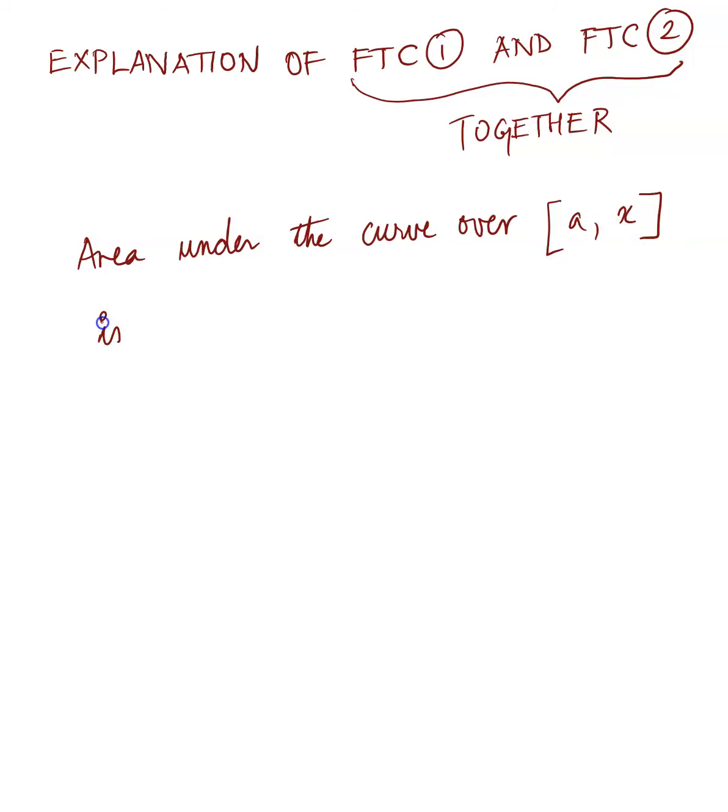A to x is the integral, capital A of x, right? We usually use capital F of x, but because I'm talking in terms of area, I'm just using capital A. You can easily replace it with capital F. So it's the integral from a to x of f of t dt, right?